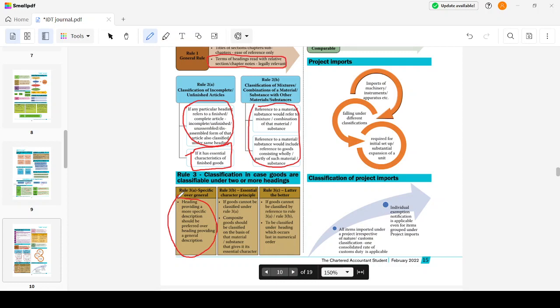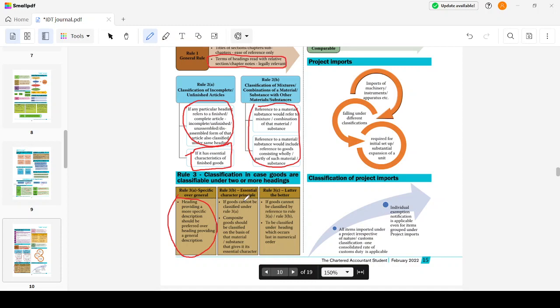For example, iron articles are given, and specifically iron rod is given. Now we are going to get the tariff for iron rod. You should go to the specific one rather than the general one. Even though it's an iron product, you should go with the specific one.